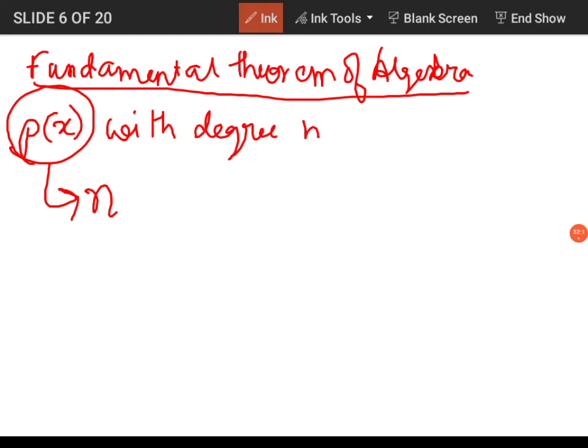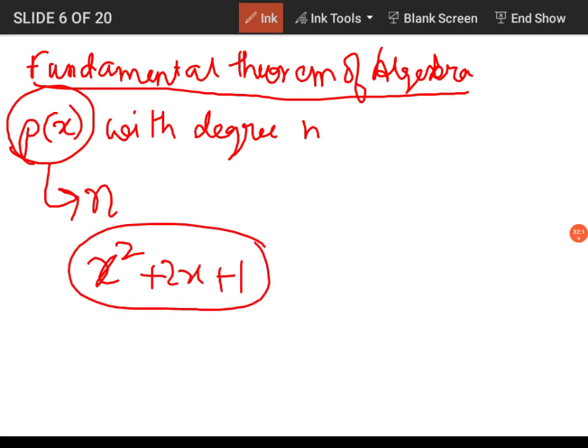Or in other words, if I take an example, say this quadratic, okay, so this is also a polynomial, and the degree of this polynomial, if I say it as p of x, is 2, because see the coefficient is 1, so we can define the degree of this polynomial. So the degree is 2, hence the number of zeros of this polynomial is also 2.